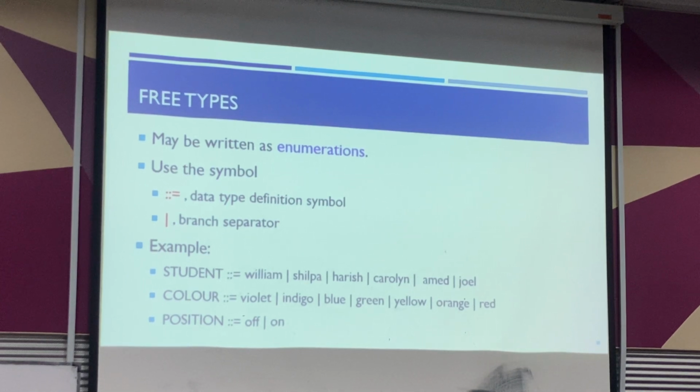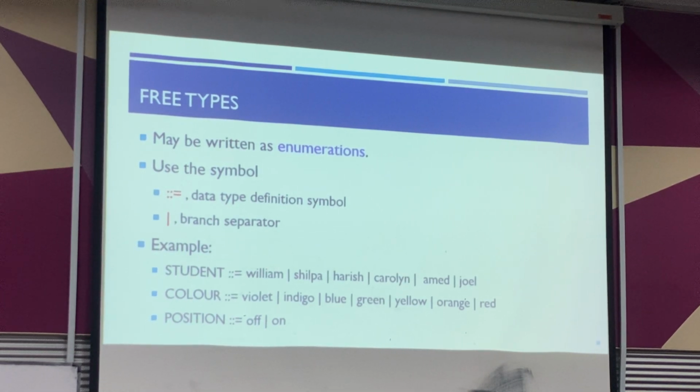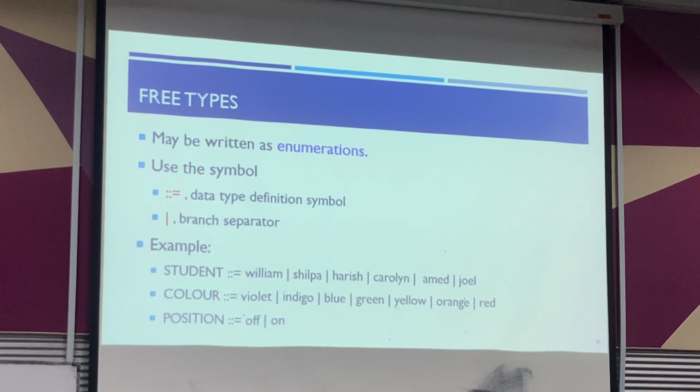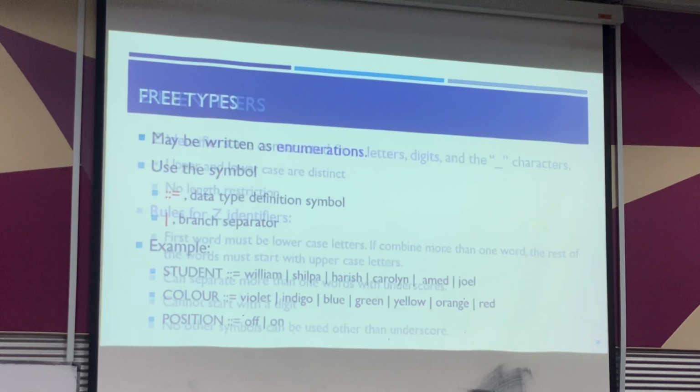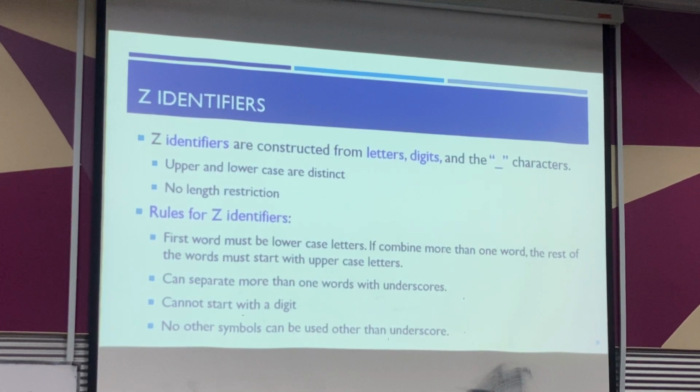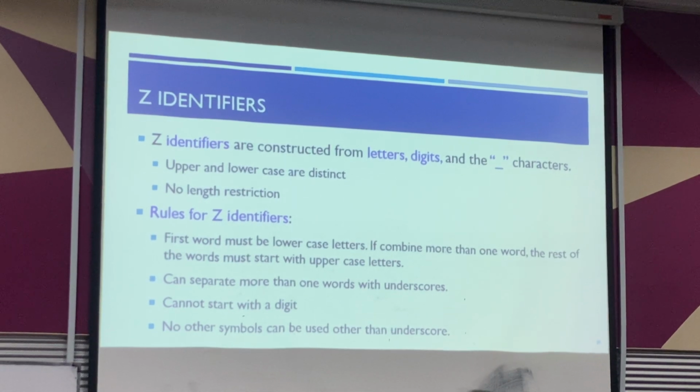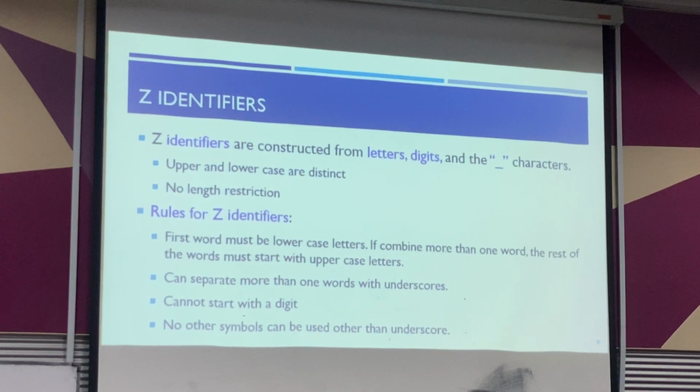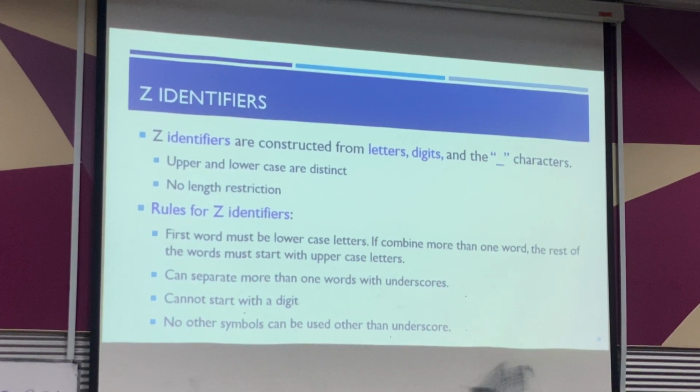For the error message you are going to use like this also. So this is free type. So you have 3 types just now: built-in, basic type, and free type. Because you have the type, you have to identify your variable, or identifiers.